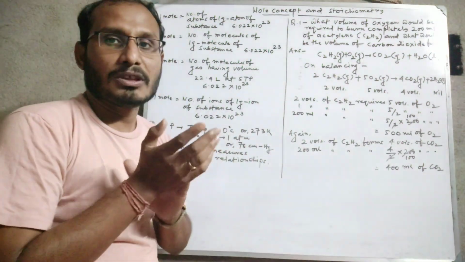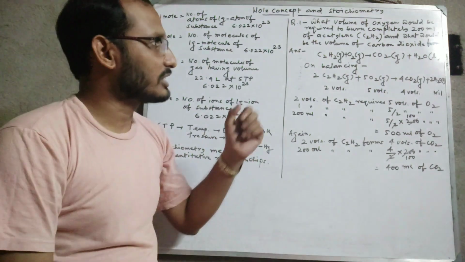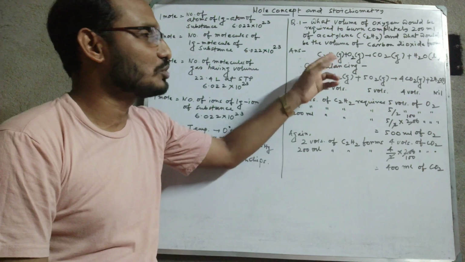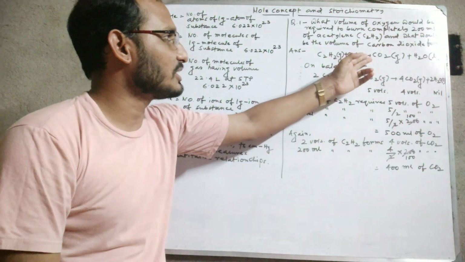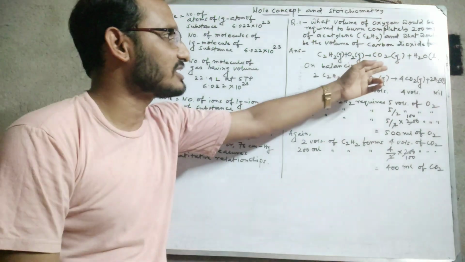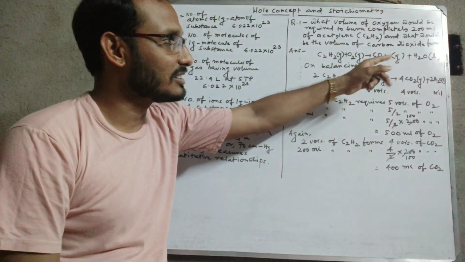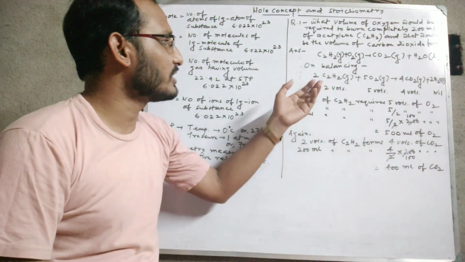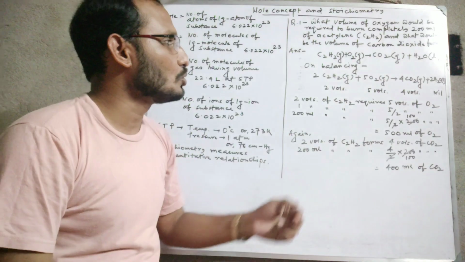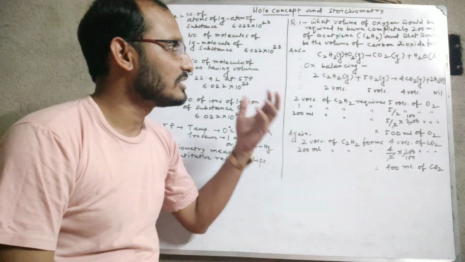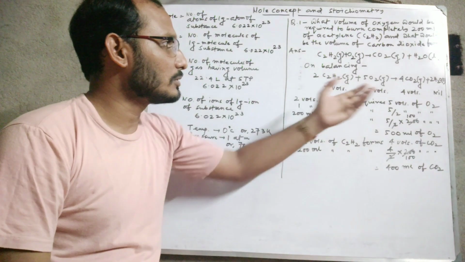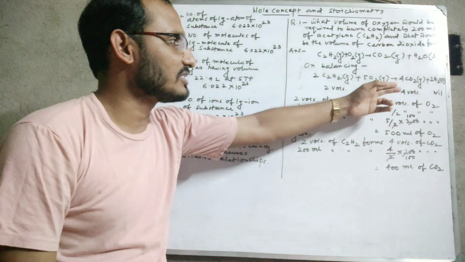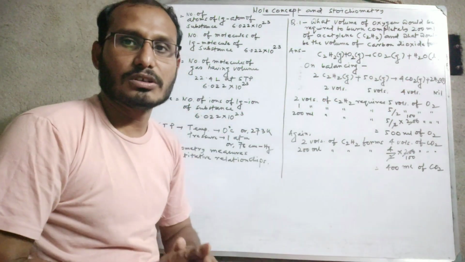So we need to write the chemical equation: C2H2 in gaseous state reacts with oxygen in gaseous state to form CO2 in gaseous state plus H2O in liquid state. On balancing the equation, we can write 2C2H2 gas plus 5O2 gas forming 4CO2 gas plus 2H2O in liquid state.